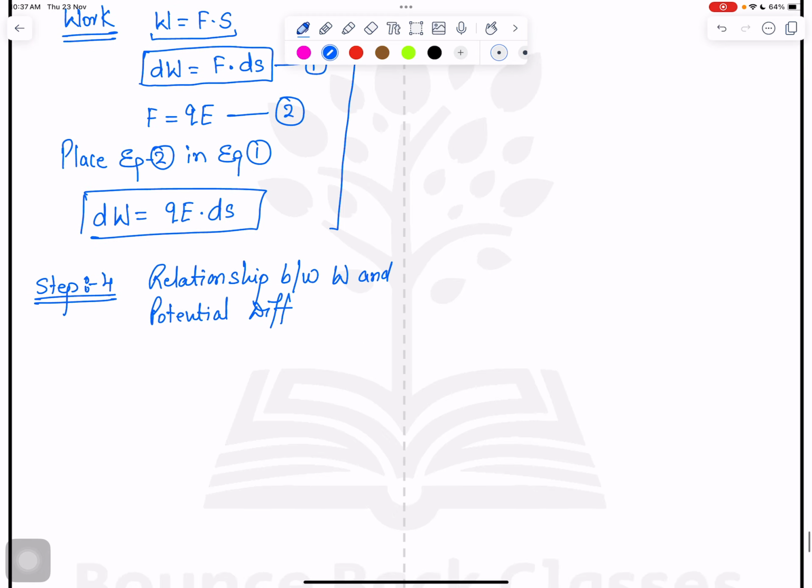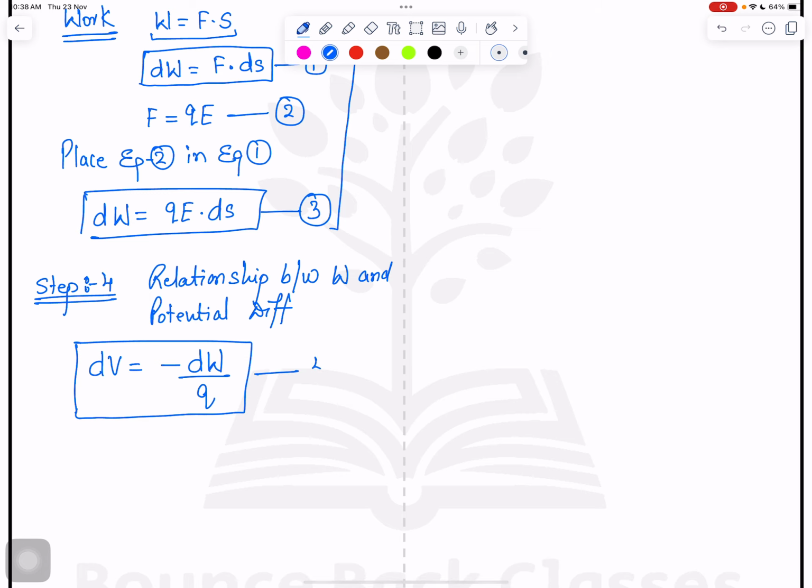They are in opposite directions. So can I say change in potential is equal to negative change in work done per unit charge? Potential difference is equal to work done per unit charge. So if we are looking for a small change, this should be the formula. This is your equation number 3, and this is your equation number 4.